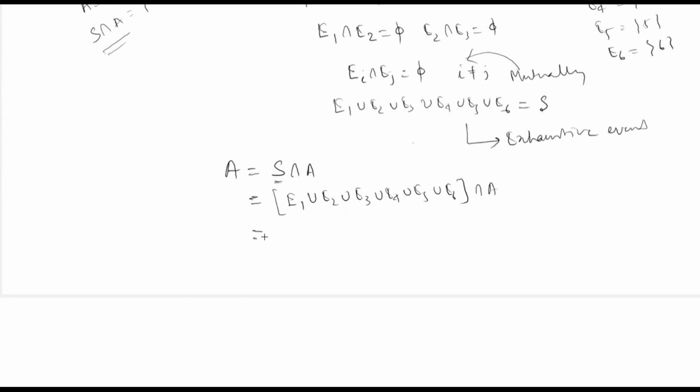In the next step, I'm going to use what we call the distributive law. So I'm going to write E1 intersection A union E2 intersection A union E3 intersection A union E4 intersection A union E5 intersection A union E6 intersection A.